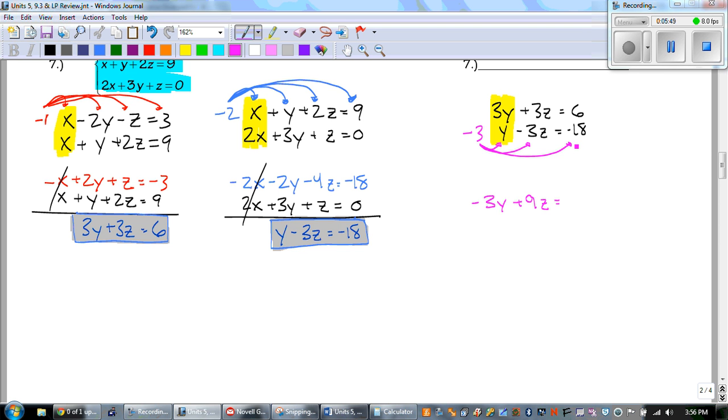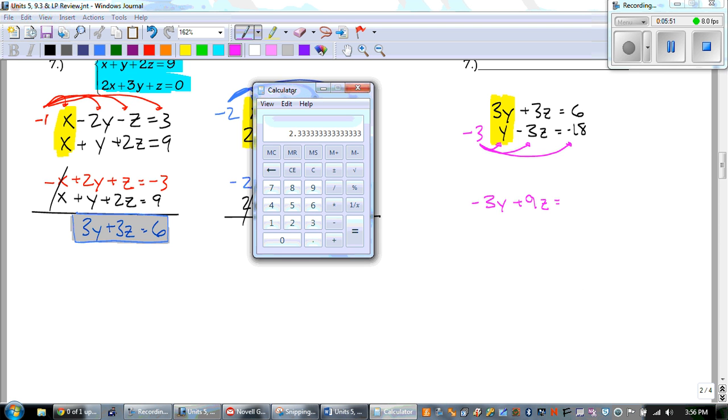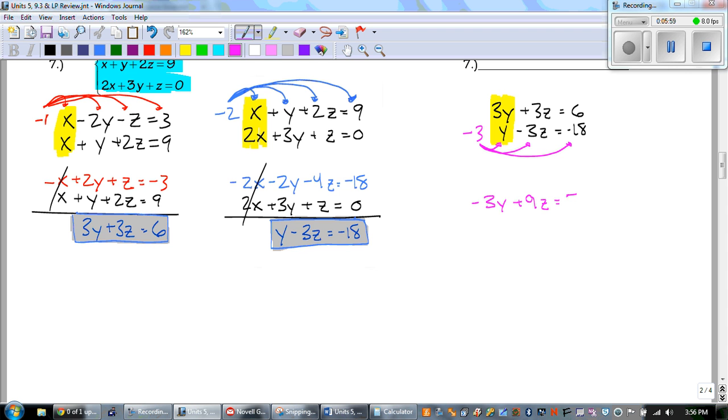And here we go, we get to use that calculator. I haven't used it in a while. A negative times a negative is a positive, so I'm not going to worry about that. But 3 times 18 gives us 54. And that top equation stayed the same. So there we go.